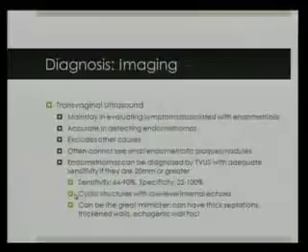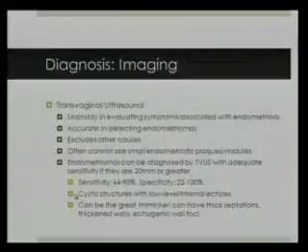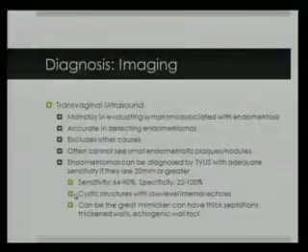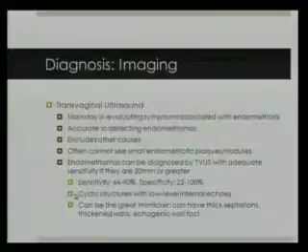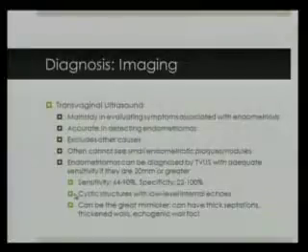But you can often miss smaller endometriotic plaques or nodules. As y'all have read ultrasounds, they don't often mention these things. Endometriomas can be diagnosed by ultrasound with adequate sensitivity if they're 20 millimeters or greater. So an endometrioma of decent size, we can see for sure on ultrasound.